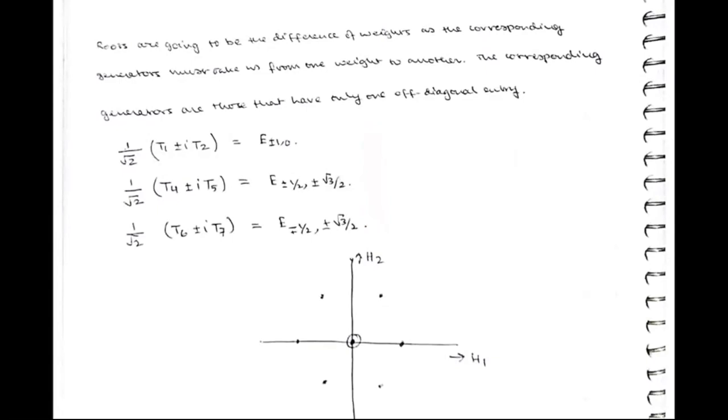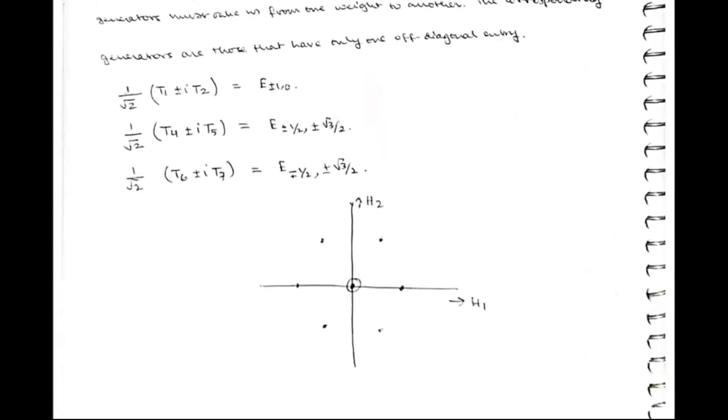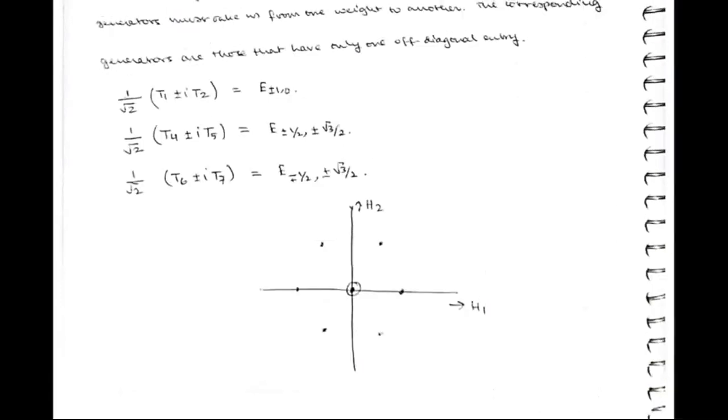So the roots are going to form a regular hexagon, where at the center you have these two particular elements of this Cartan subalgebra. Okay, so yeah, this last bit may have been a little fast.